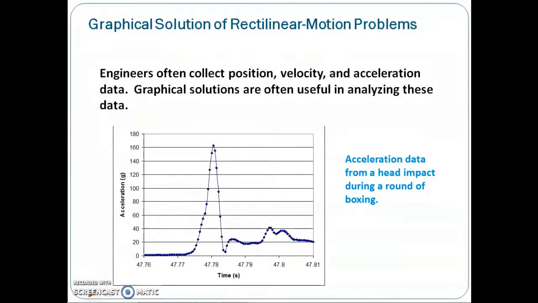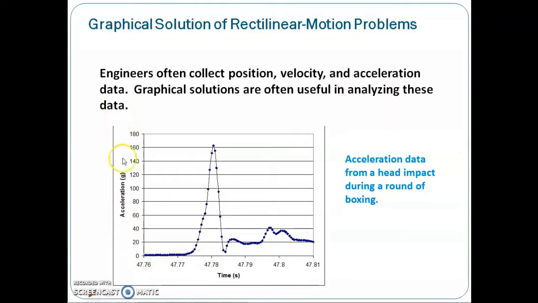Finally, we look into graphical solutions of rectilinear motion problems. A lot of the time, engineers collect position, velocity, and acceleration data. These graphical solutions are often useful in analyzing this data. For example, the acceleration data from a head impact during a round of boxing will create a very short impulse of acceleration over a very short period of time.